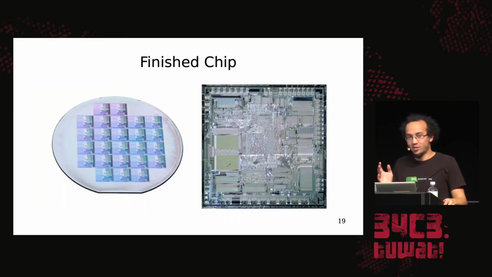So we almost have a finished chip. We have basically, hopefully, a working chip, but we still have several copies sitting on our wafer. So we need to dice the wafer. That means cutting it into the single chips that we have.